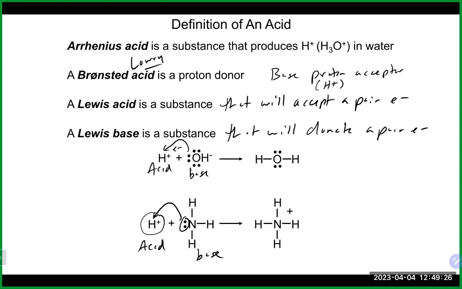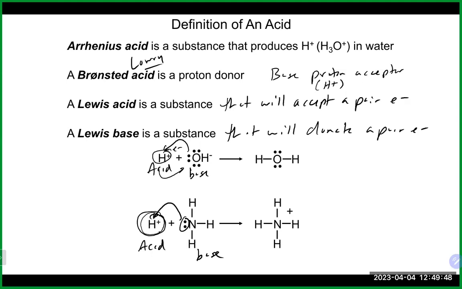By the way, both of these Lewis definitions match up with Bronsted-Lowry acid and base, in that they tell you the same thing, which one's the acid and which one's the base. In a Bronsted definition, the H plus would be donated, so the H plus would be the acid. OH minus would accept the H plus, so it would be the base. Same thing here.